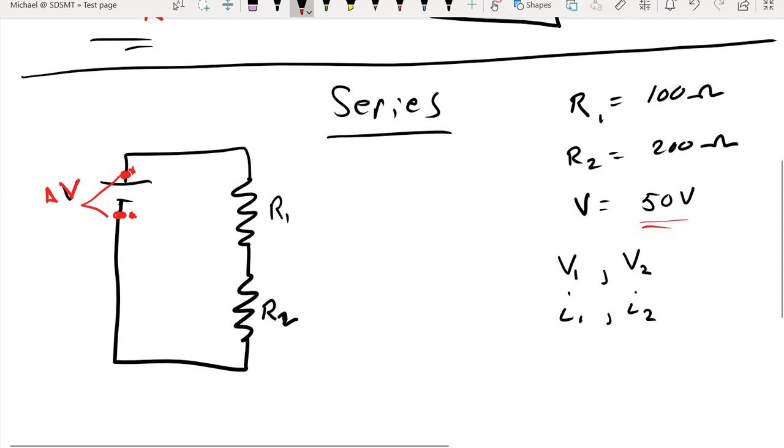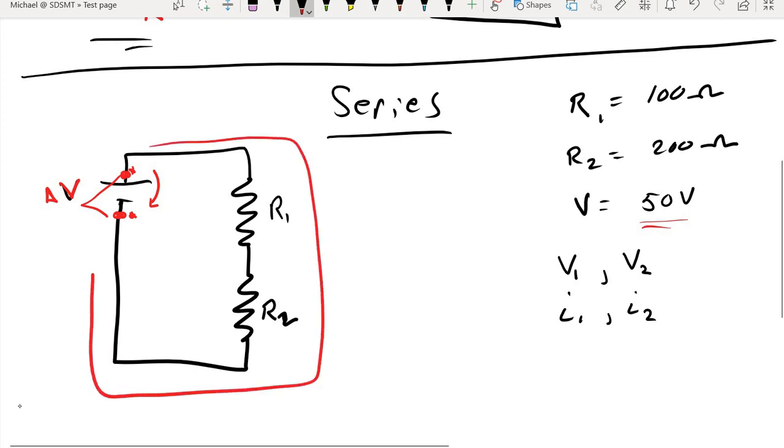But it shouldn't matter if we go from the top plate to the bottom plate directly, or if we take a more roundabout path. In other words, the potential difference across these two points has to be the same regardless of the path that we take through the circuit.